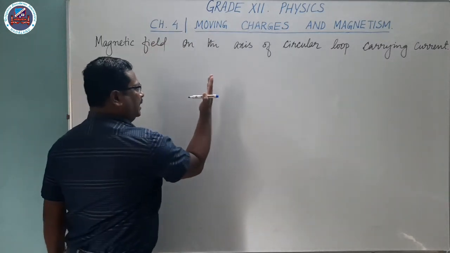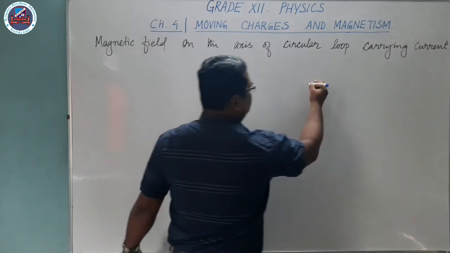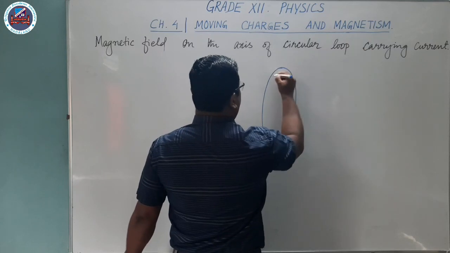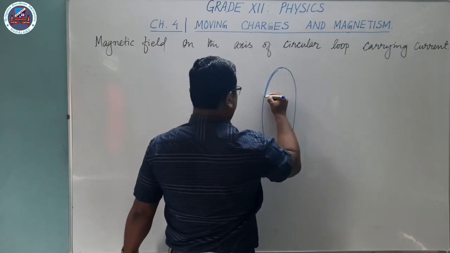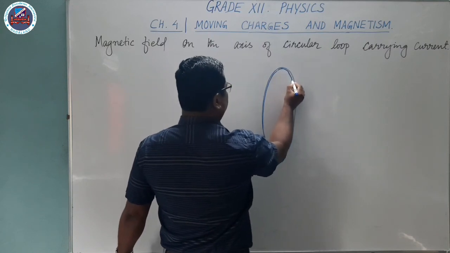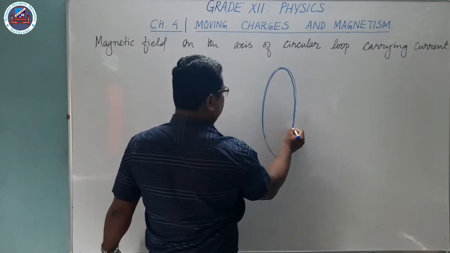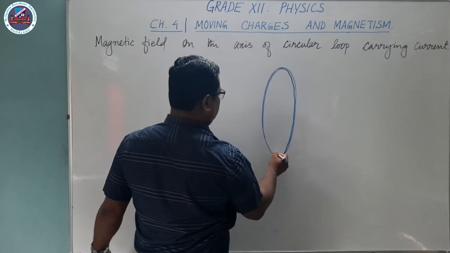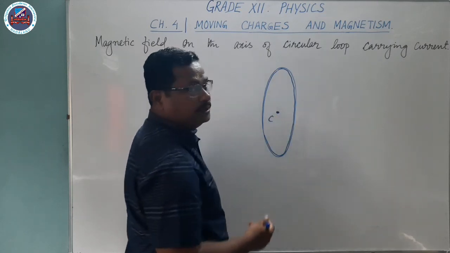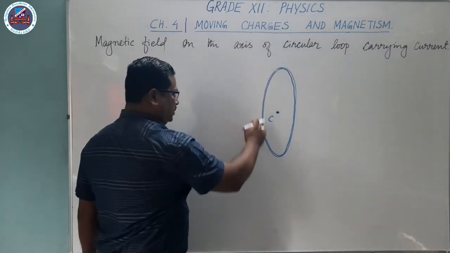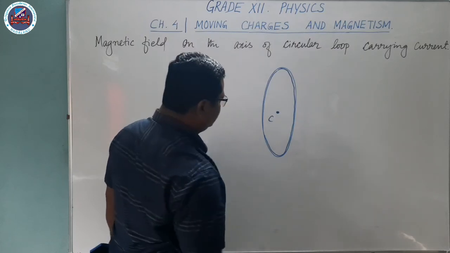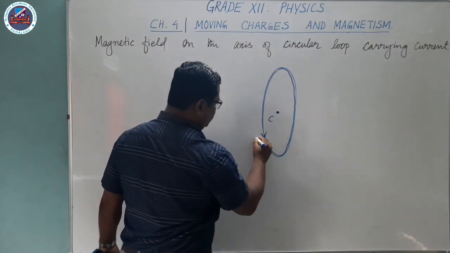Suppose this is your loop, with center say C. You imagine this part is towards you and this part is behind, and allow current I to flow through it.